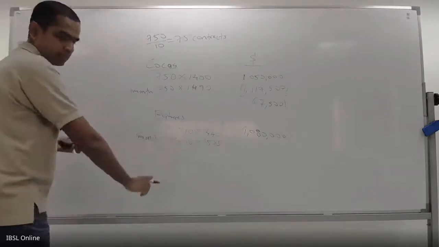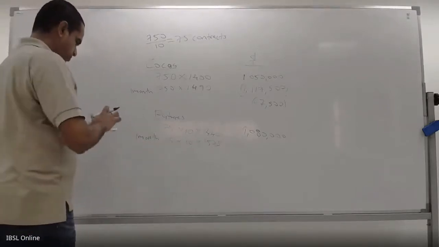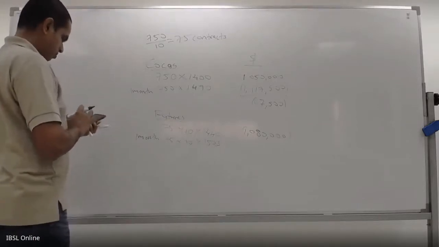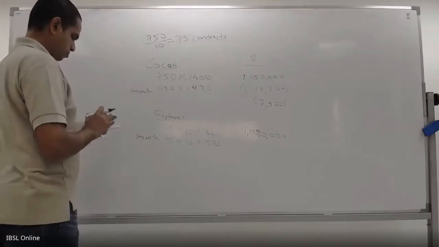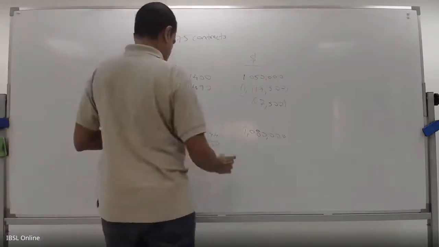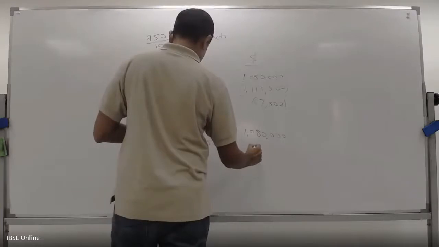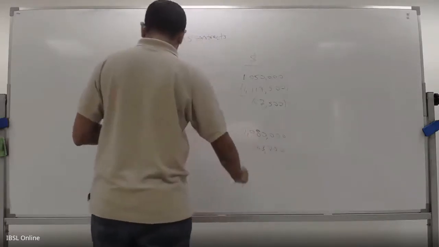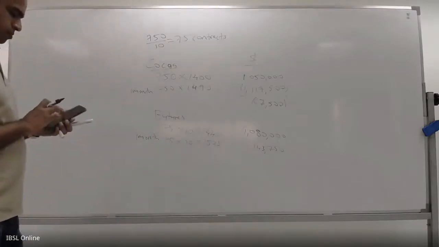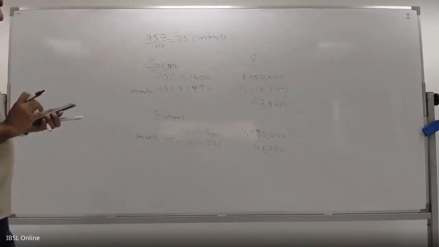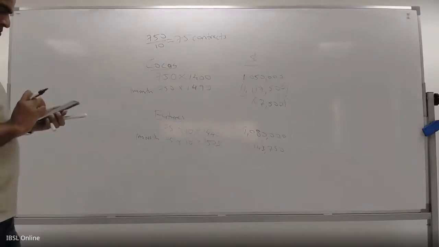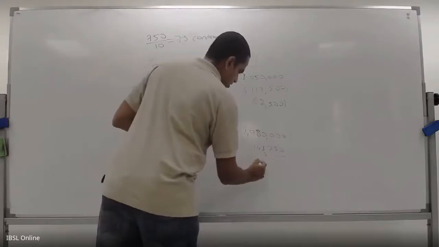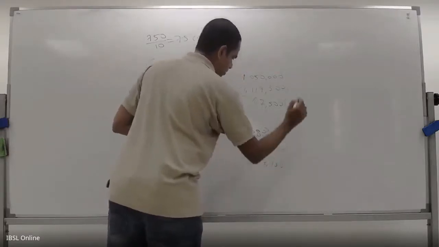With the 75 contracts they bought, they can sell, and they will receive $63,750.